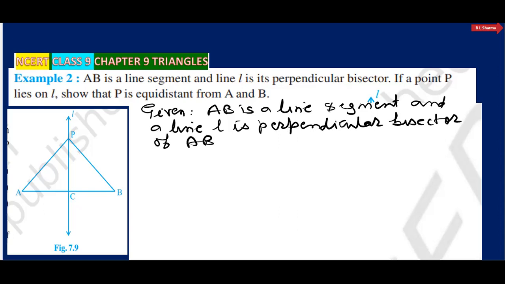What do you mean by this? It means that C is the midpoint of AB and this angle ACP is equal to 90 degrees, and the line L is perpendicular to AB.